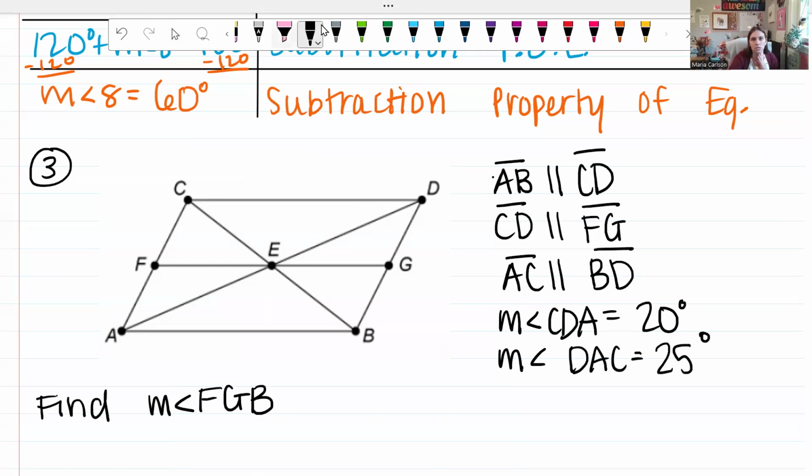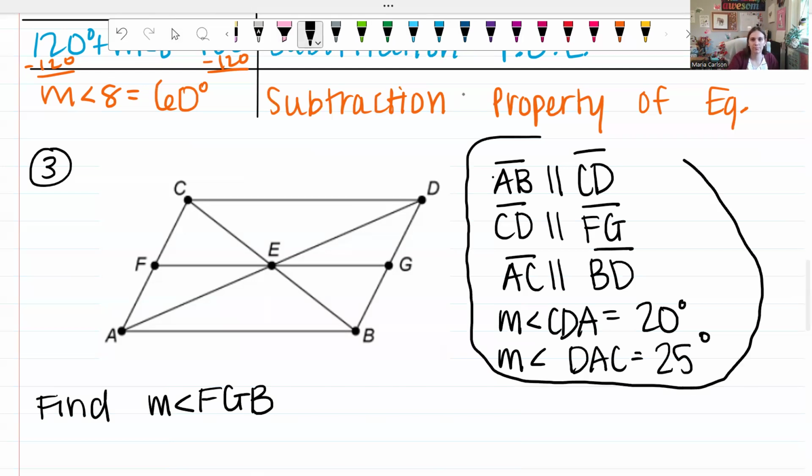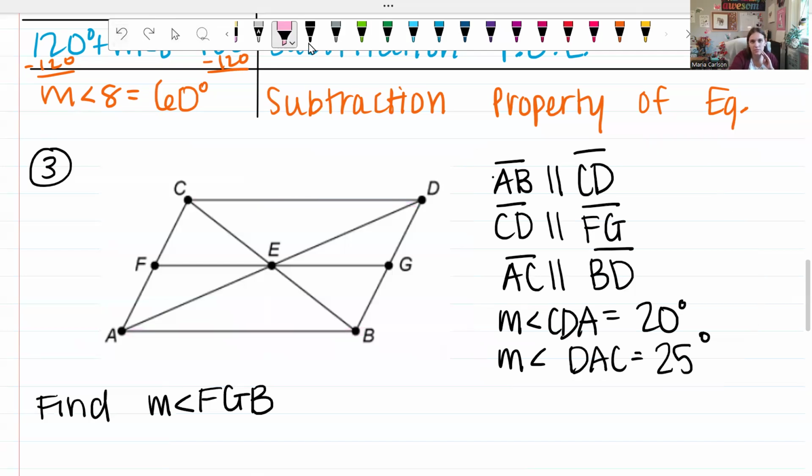All right. So let's unpack this a lot, right? We have all of these pieces that are given to us. This is all stuff to know about this diagram. AB is parallel to CD.